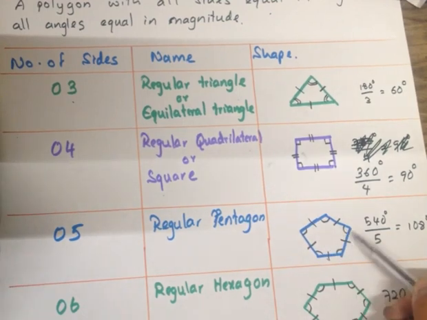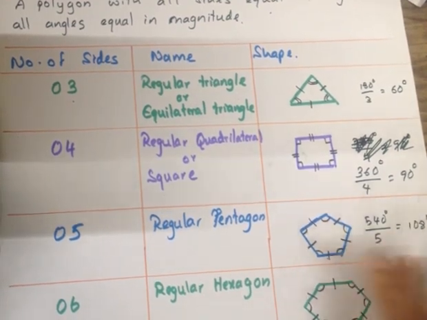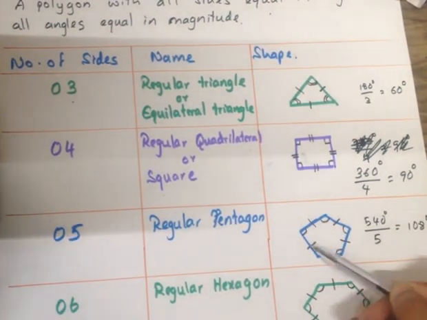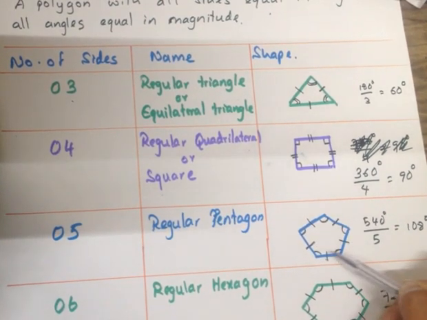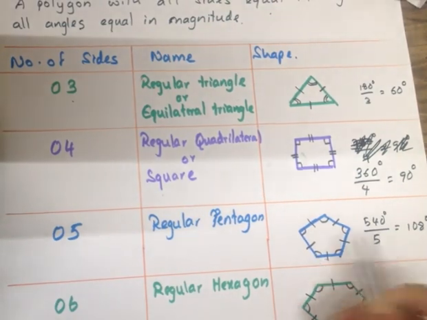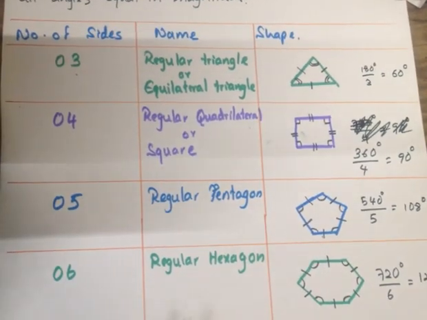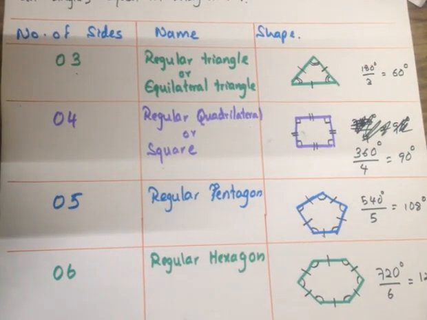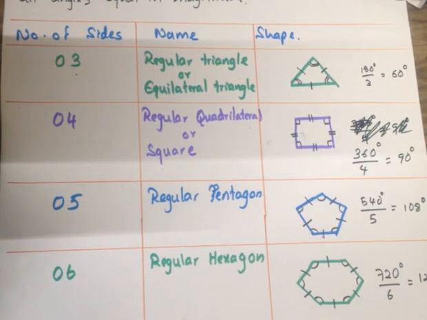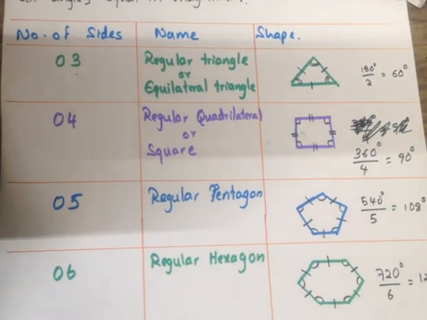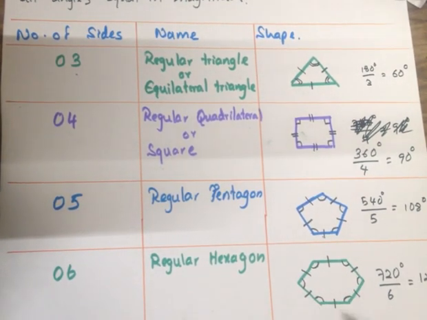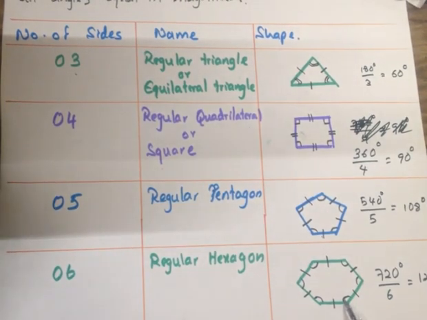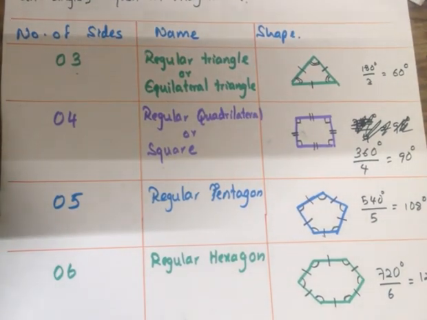Actually my figure is not perfect, sorry about it. Just imagine, okay? These 5 sides are exactly equal, and these 5 angles are also equal to each other. Then the regular hexagon has 6 sides, and all these 6 sides are equal, and all these angles are also equal to each other.